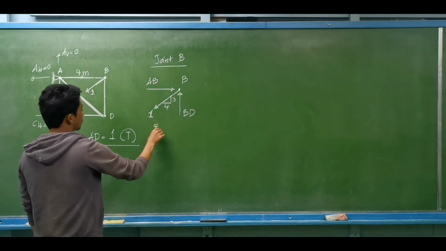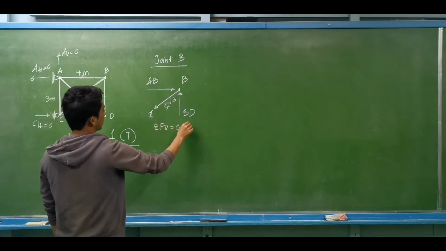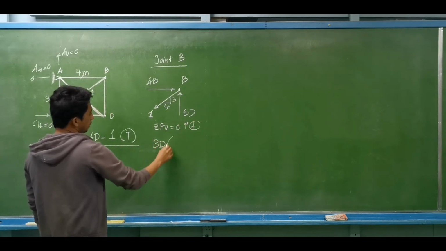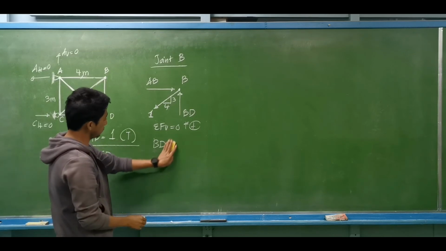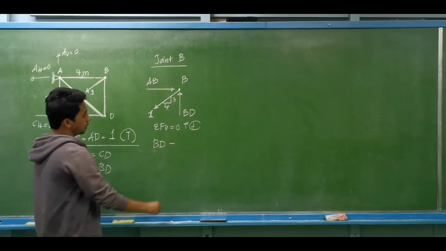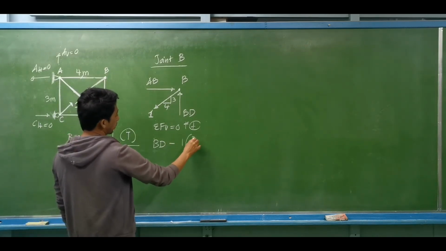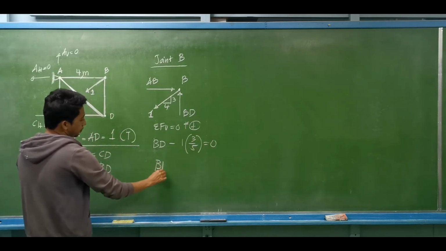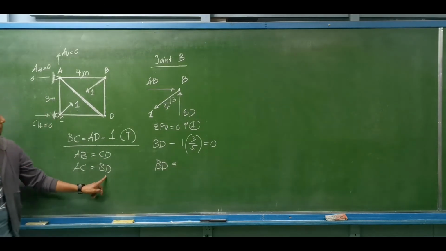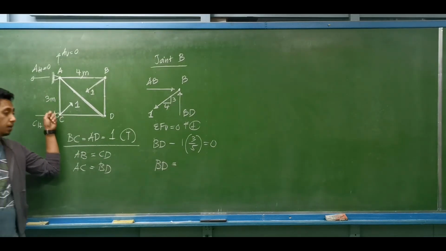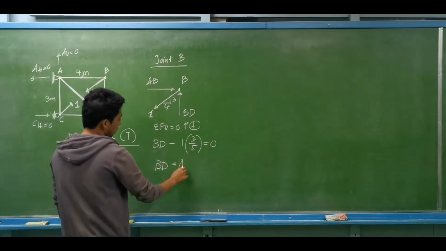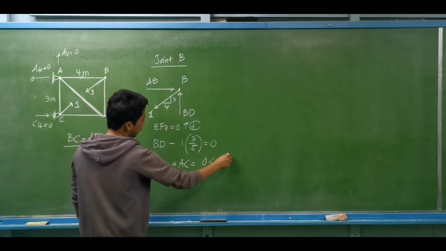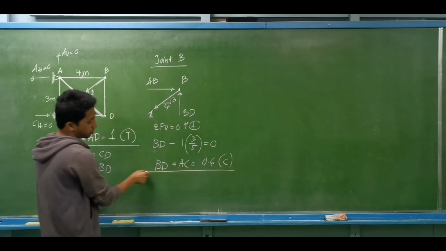So let us do summation of forces, vertical equal to 0, upward forces to be positive. That is member BD, vertical up, minus the vertical component of the 1 unit load, which is 1 unit, vertical component is 3 over 5, equal to 0. So we have the axial force for member BD. Again, member BD is similar to member AC. So we have them as 0.6 and they are under compression.